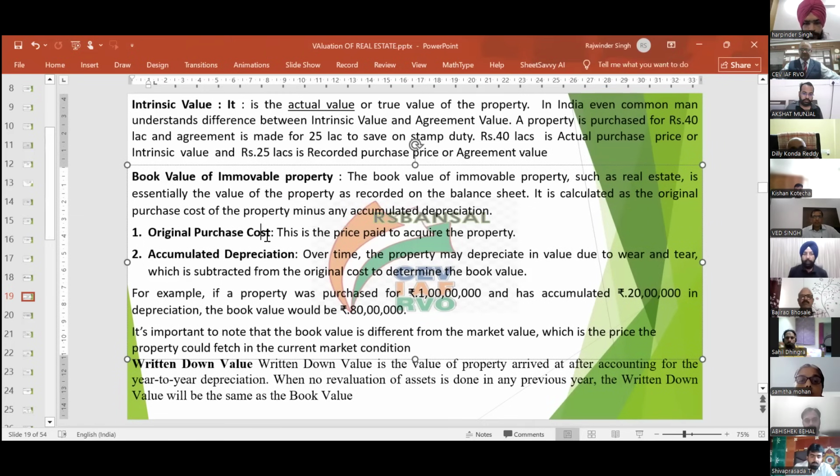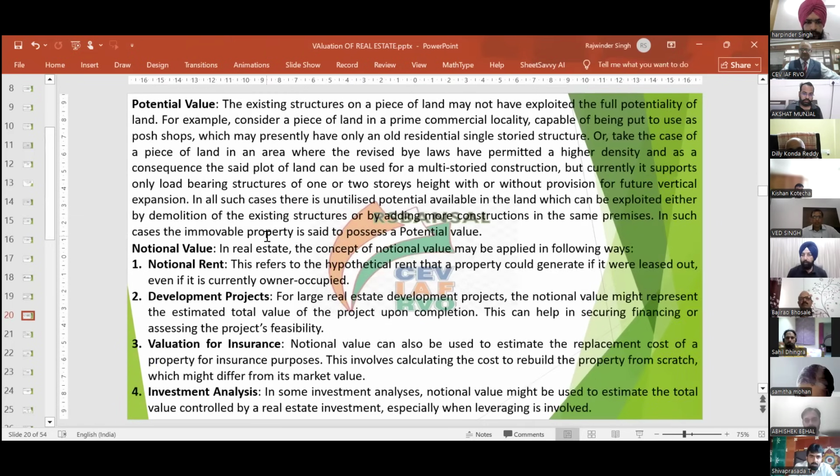Okay. Next is potential value. Potential value means it will depend upon how much income or how much profit this asset will generate in the future.